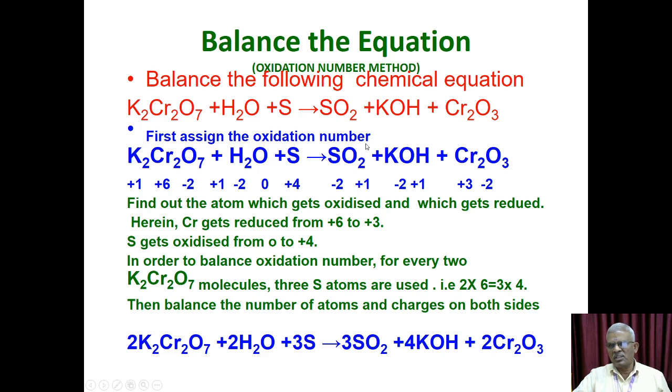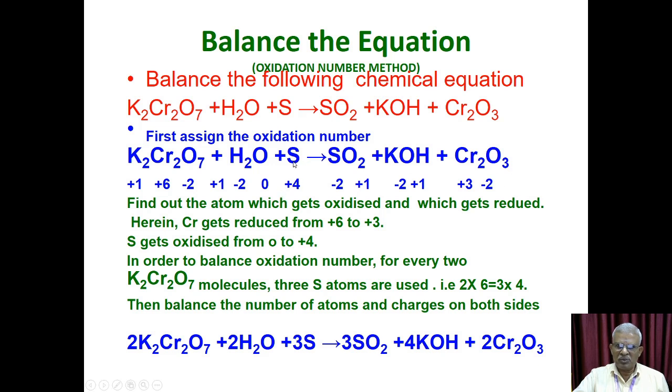For solving such a chemical equation using the oxidation number method, the first thing is to assign the oxidation numbers. In potassium dichromate, potassium is electropositive monovalent, chromium is electropositive hexavalent, and oxygen is electronegative divalent. So now we have assigned the oxidation number for all the elements.